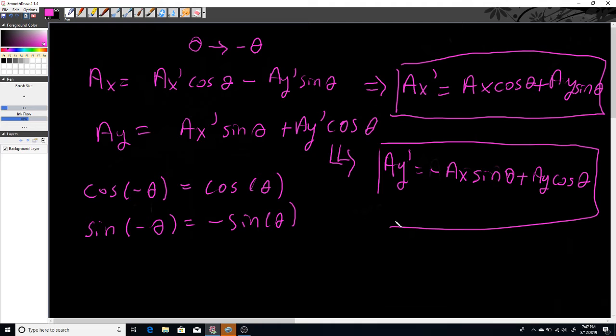So we accomplished our mission. What we sought out to do was to find the components of a vector in another coordinate space. We started off with an original coordinate system in which we knew the components a of x and a of y. And then we said, hey, I want to find the x and y components of a in another coordinate system that's very similar to the original.